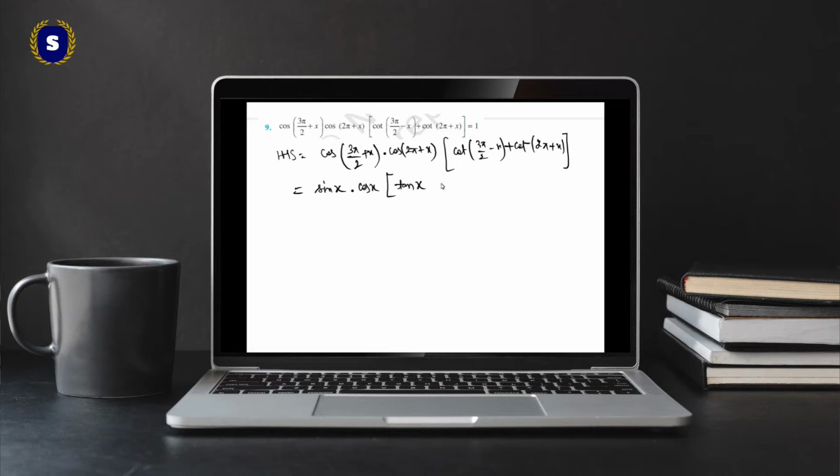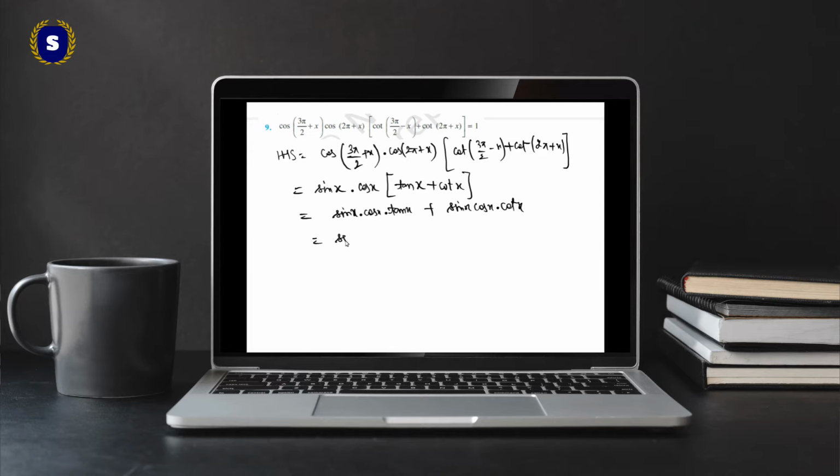Now this will become cot x. Let's try to solve this. Opening the bracket, we will get sin x cos x into tan x plus sin x cos x into cot x.